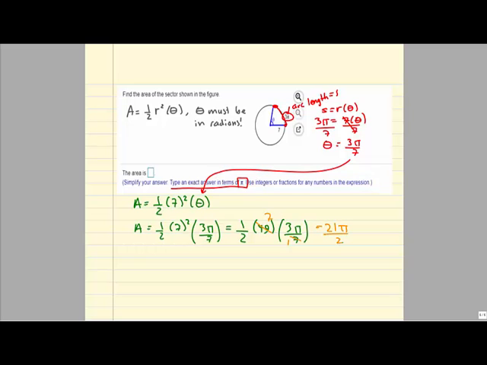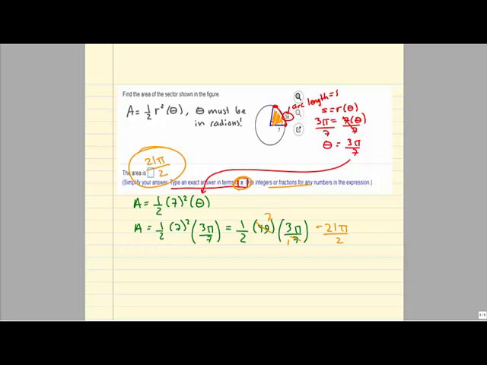So I'm left with 21 pi over 2, and that's my answer. Use integers or fractions, so 21 pi over 2. I want to make sure that my circle doesn't cover the 2. So that's the area of the sector, like if I were to carpet or tile that.